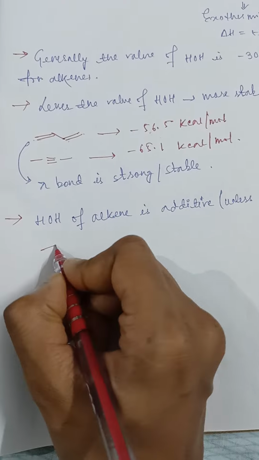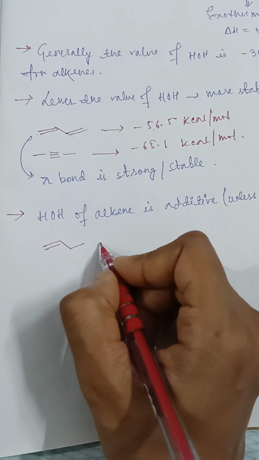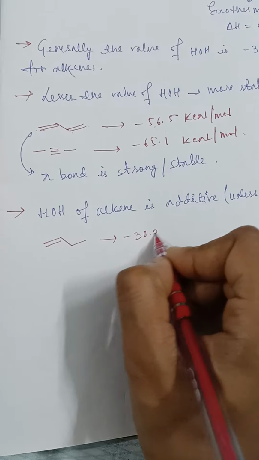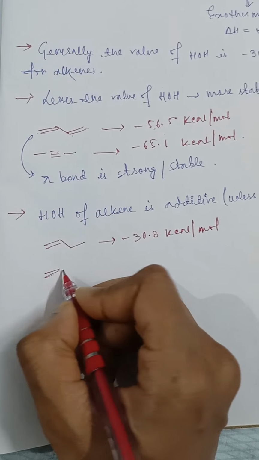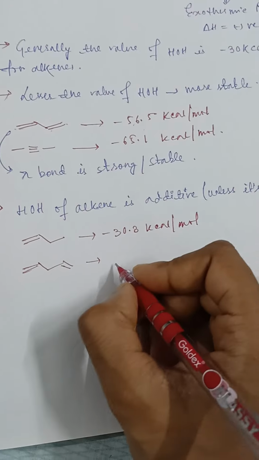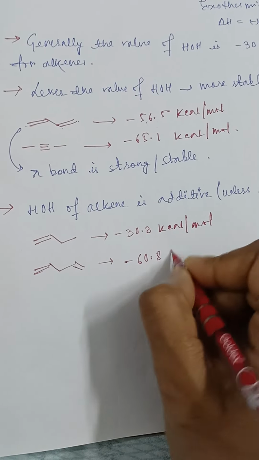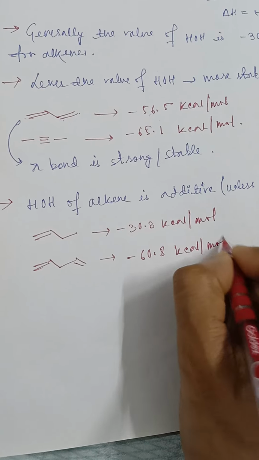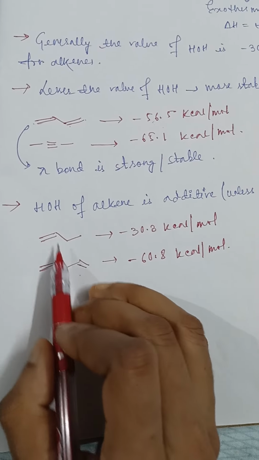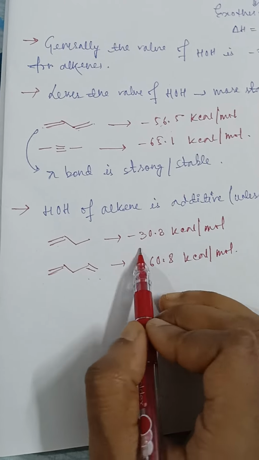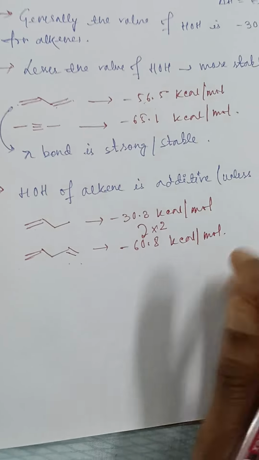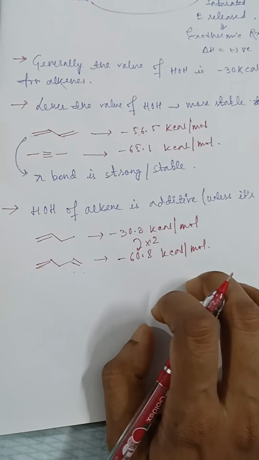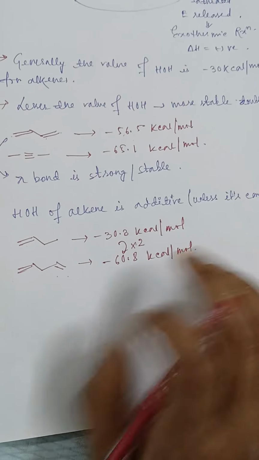Suppose the heat of hydrogenation of this compound is minus 30.3, and the value of this one, these are all experimental values, is around minus 60.8. Now see, it is not conjugated and it has two double bonds and here is one. So if you multiply this value by 2, approximately it becomes minus 60, right? So when the double bond is not in conjugation, then we can add the values.